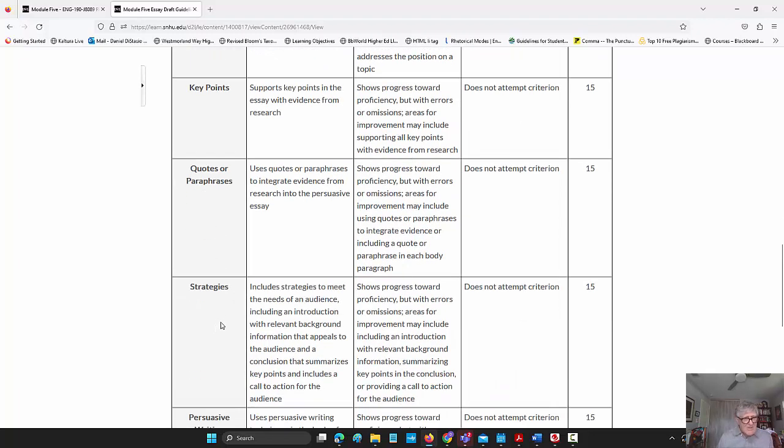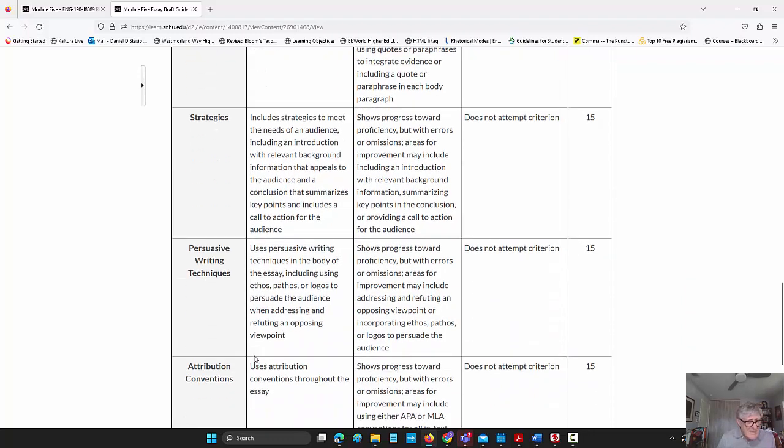It talks about strategies. Strategies include your introduction, your focus on the audience, your conclusion, and how you relay the information. And then persuasive techniques is talking about ethos, pathos, logos. What do you do, or what combination of those techniques will you use?